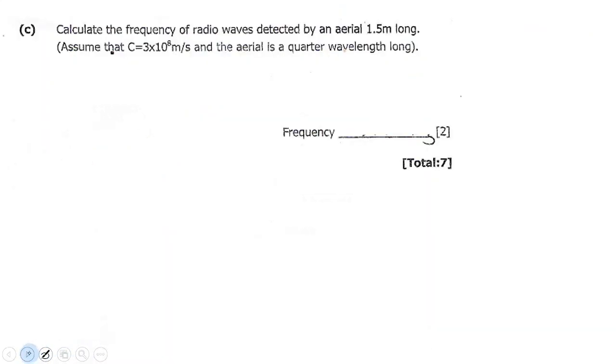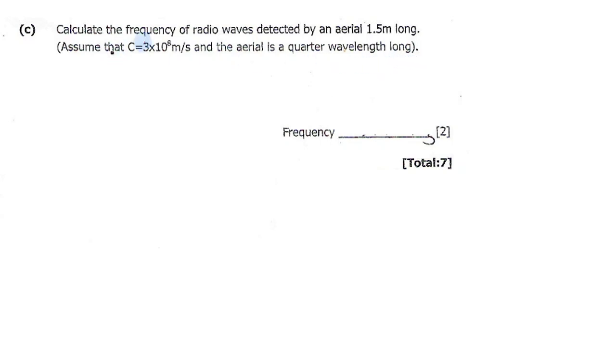Then we go to part C. Calculate the frequency of radio waves detected by an aerial 1.5 meters long. Assume that c, which is the speed of light, is equal to 3 times 10 to the power 8 meters per second, and the aerial is a quarter wavelength long.